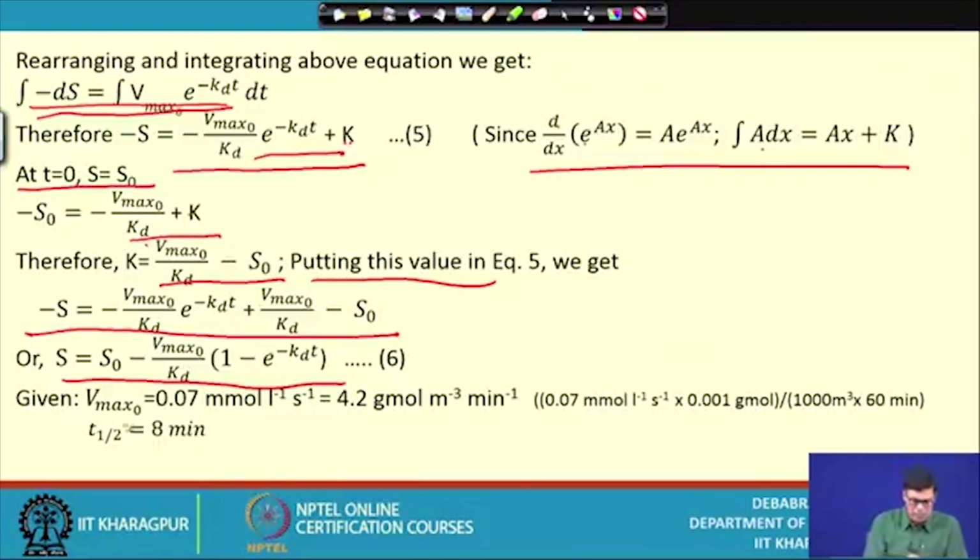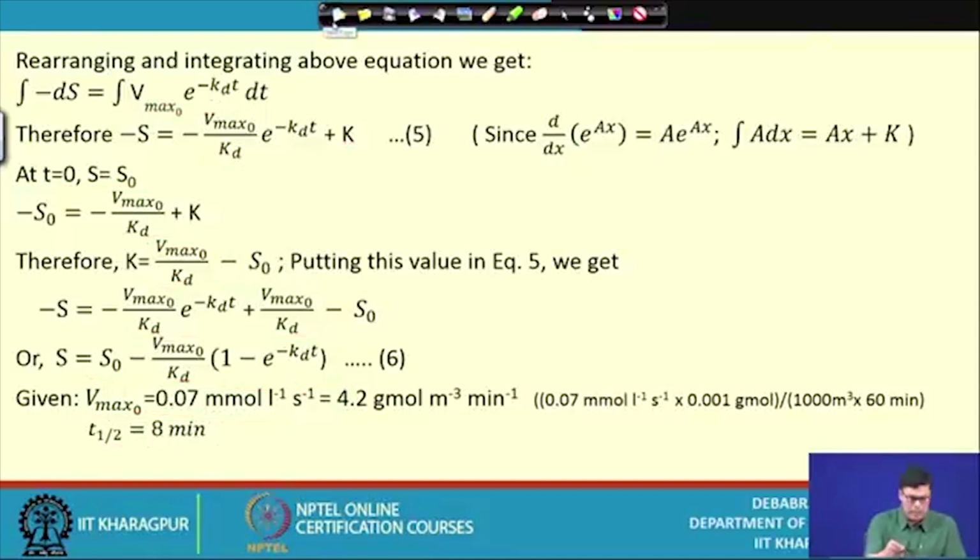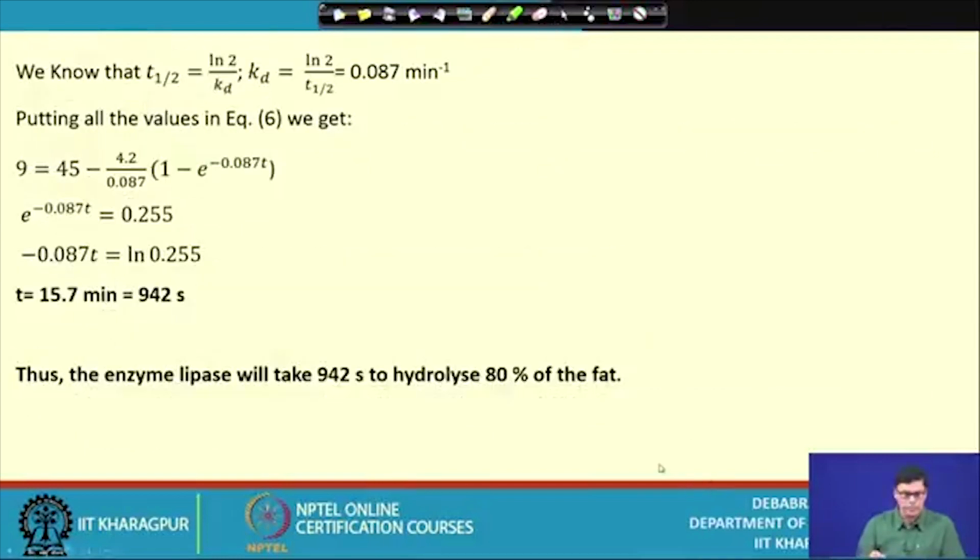Now in this given problem, the Vmax0 value is given, and the T half value is given. And the Kd value we shall have to find out, so that we can find out how much substrate is converted. T half equals 0.693 by Kd, so Kd will be equal to this value.